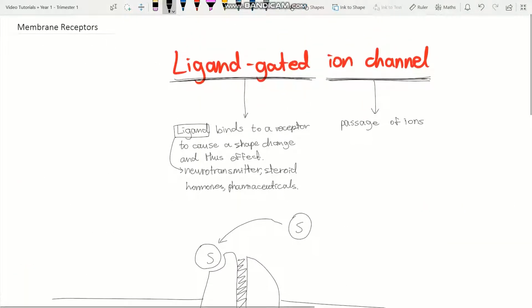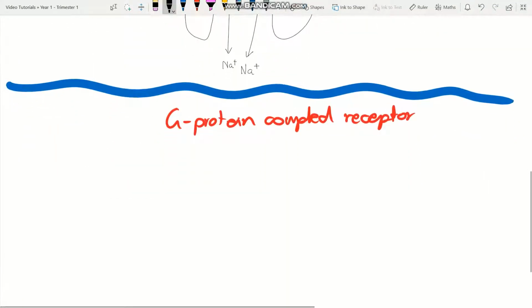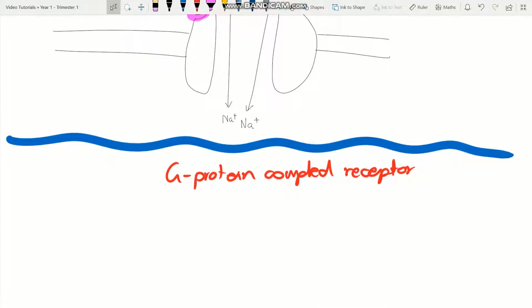Firstly, ligand-gated ion channels are very fast-acting and can have an effect within milliseconds. G protein receptors, on the other hand, have an effect that can come about in a couple of seconds, which means that they are 1,000 times slower than ligand-gated channels.